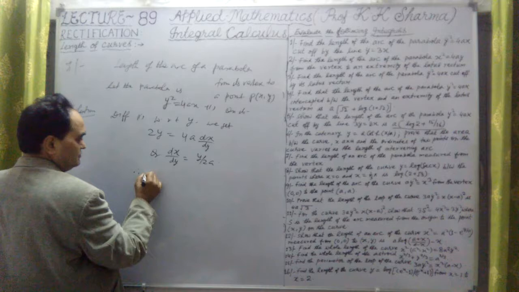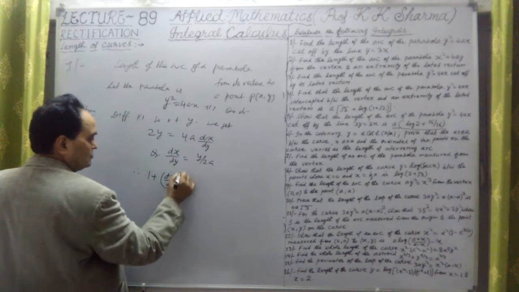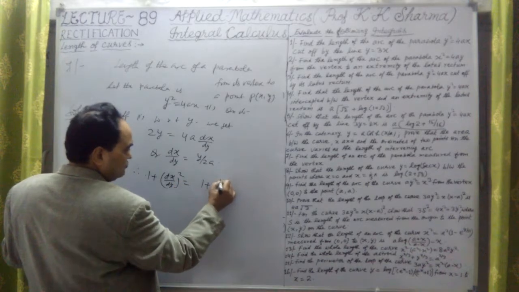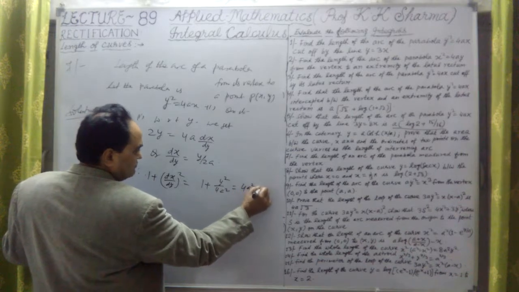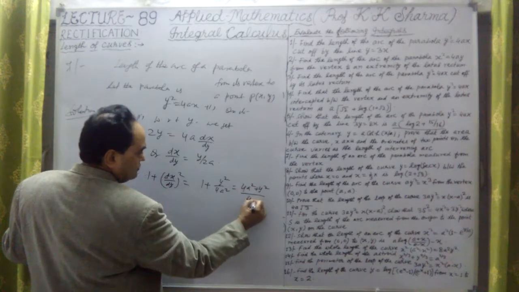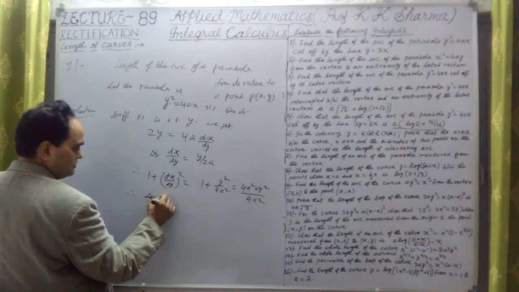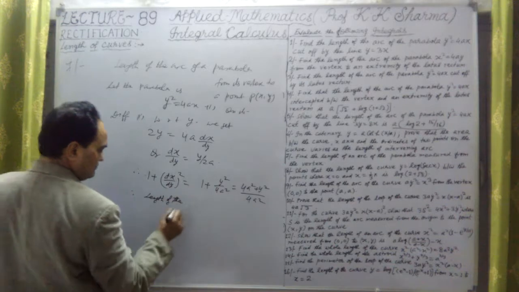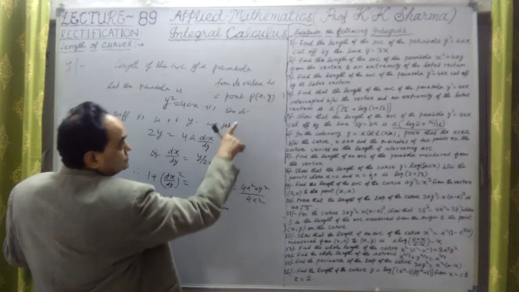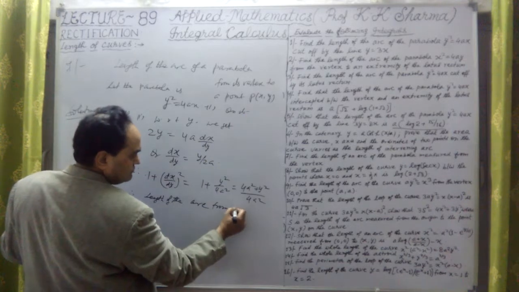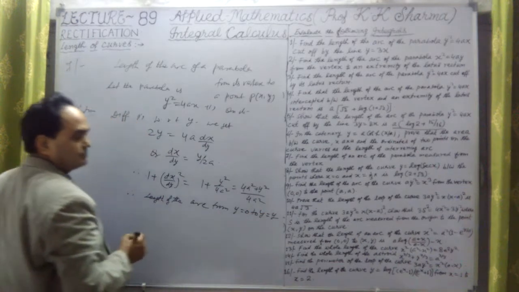Therefore, let me take 1 plus (dx/dy) whole square, equal to 1 plus y square upon 4a square, is equal to (4a square plus y square) upon 4a square. Therefore, length of the arc from y equal to 0 to y equal to the y coordinate we are taking.